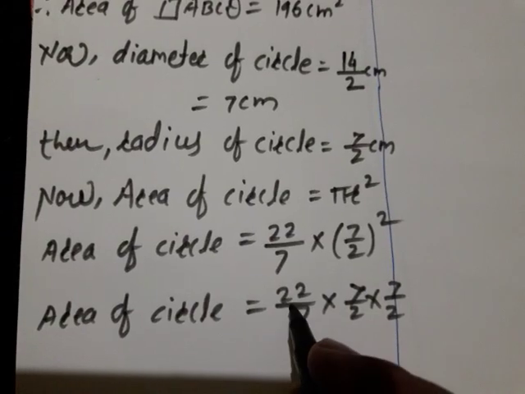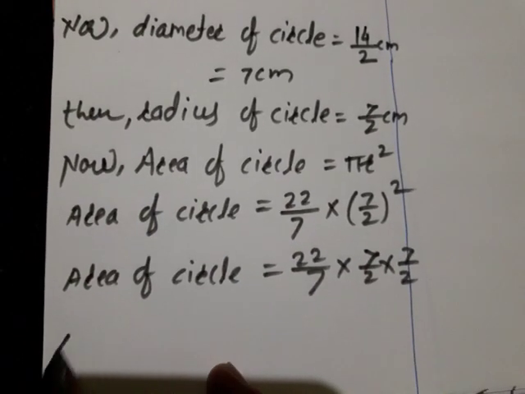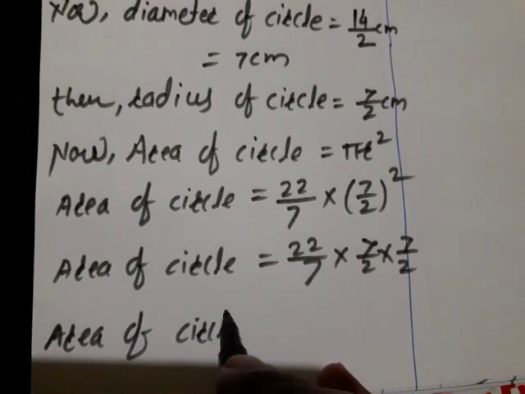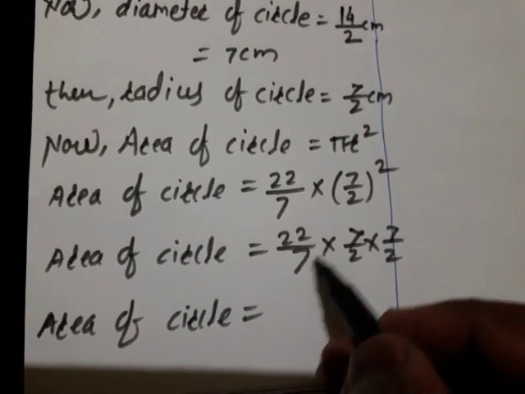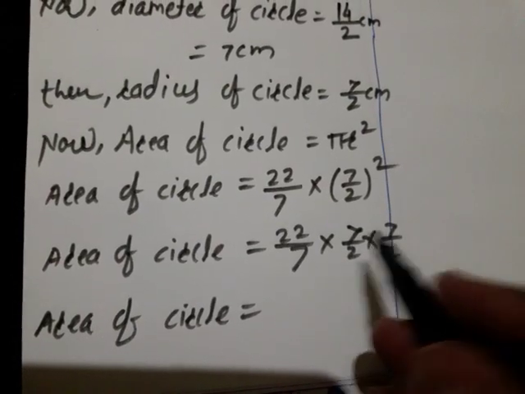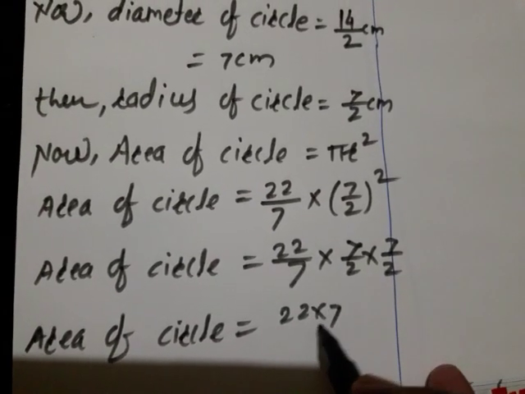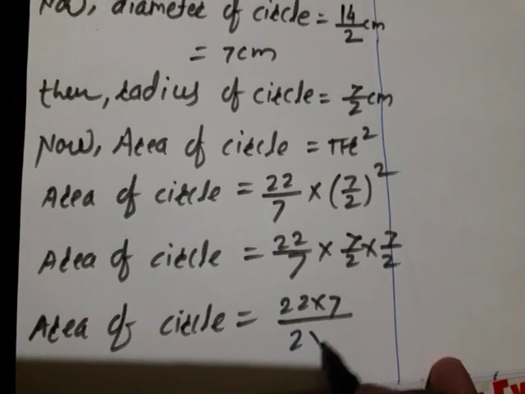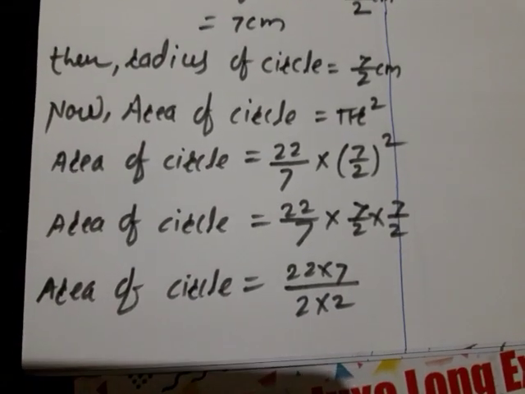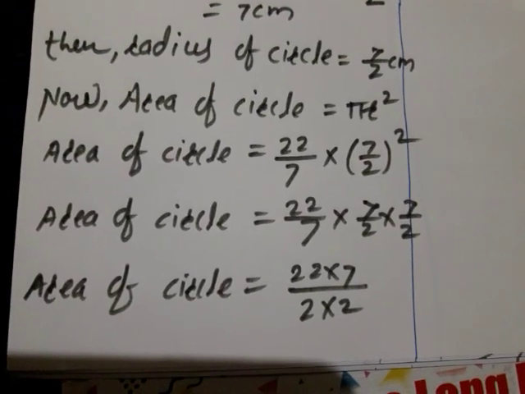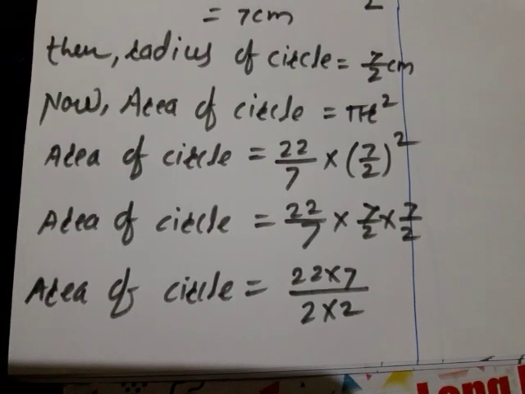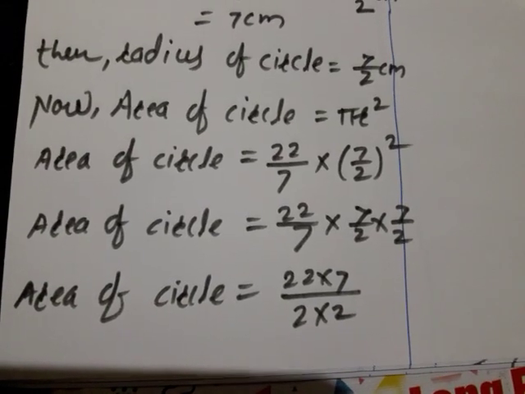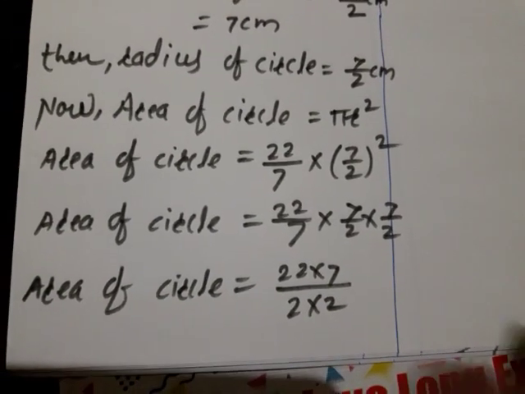One 7 will get cancelled. Okay, then what will remain? Area of circle is equal to 22 into 7 divided by 2 into 2. Understood what I did? Divided by 2 into 2. Now what we will do? We will divide 22 also, and then we will get the answer. See here and try to understand.